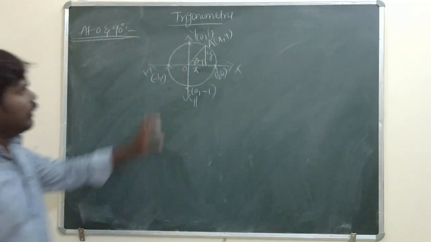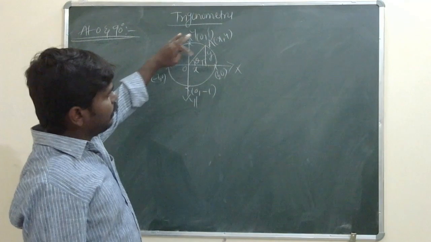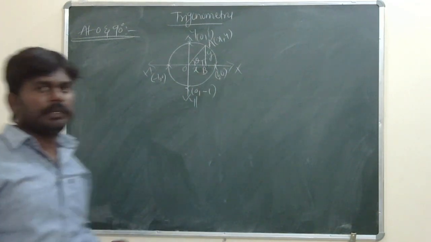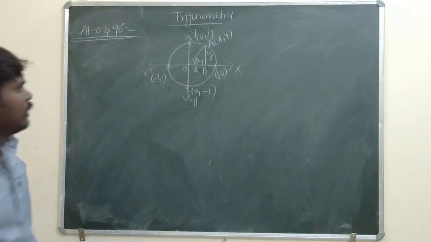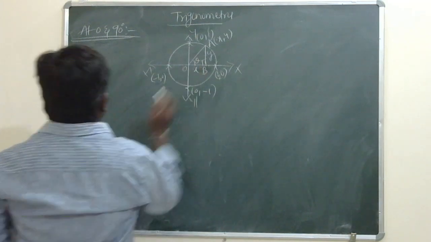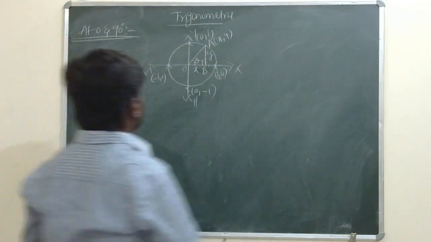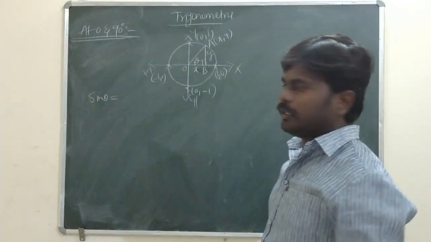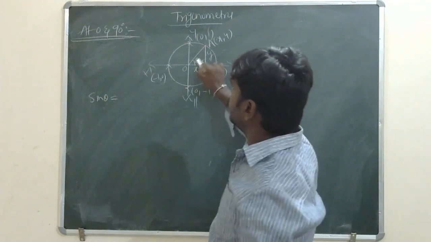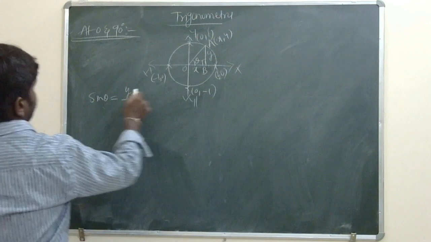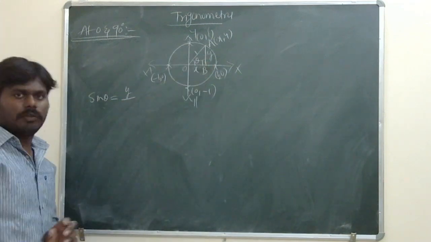Okay, now here what I found means I found a right triangle OAB, right angle at B. Now here when you apply sin theta, what do we get here? Opposite is y and hypotenuse is OA. OA is nothing but 1.